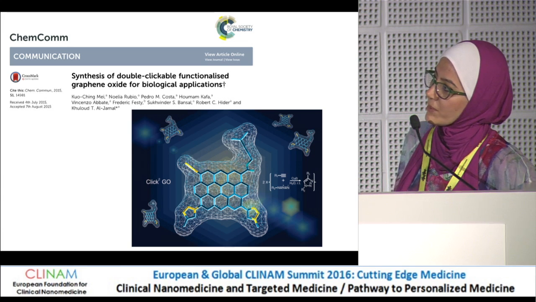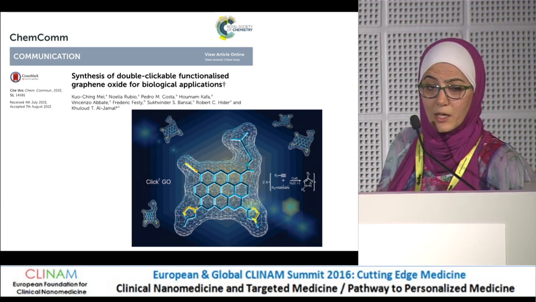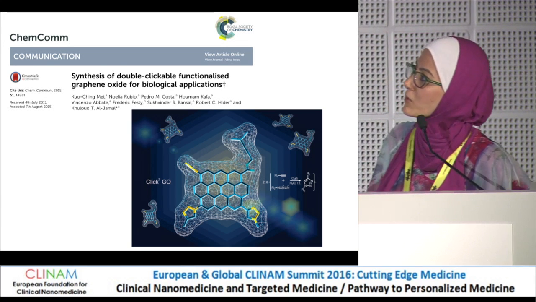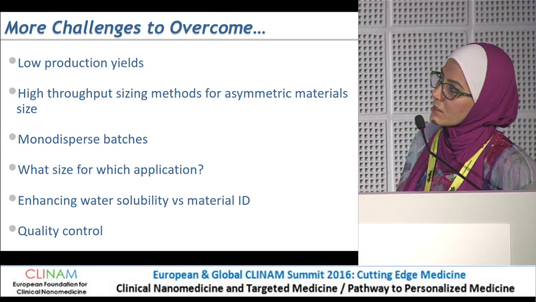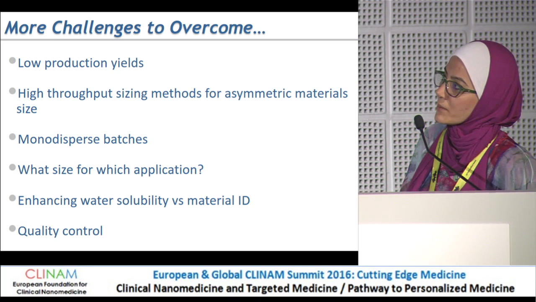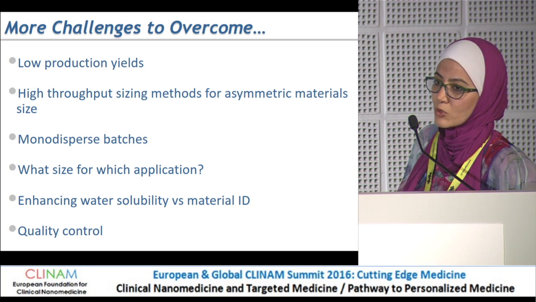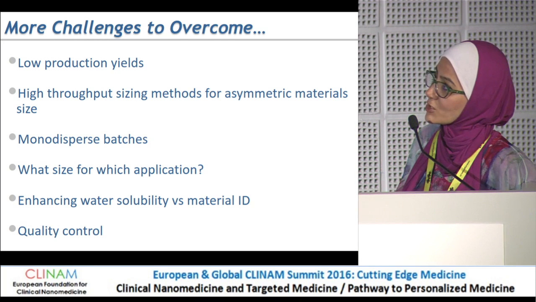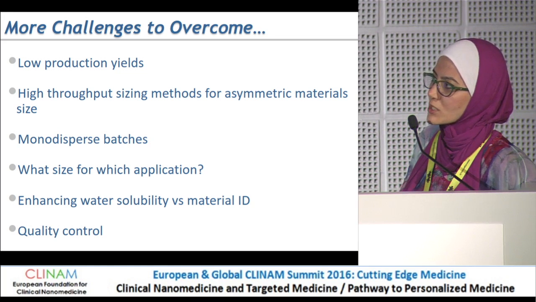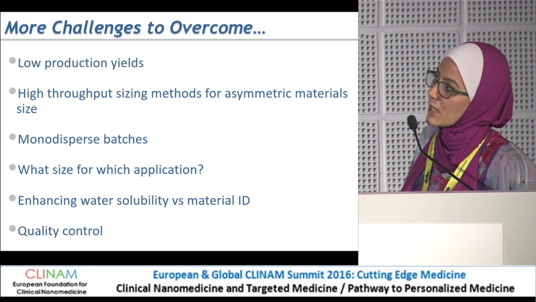We developed then a more functionalized material with a double clickable group. That's something May will talk to you about. And these are really open questions that we ask ourselves all the time in the lab, how to overcome these challenges before we are able to address questions. We need to have a good yield of the material, and to size them in a high throughput method rather than just relying on AFM images, which is quite tedious.